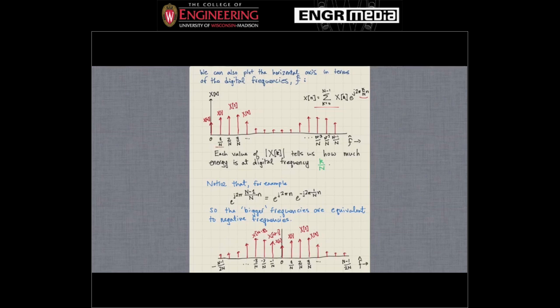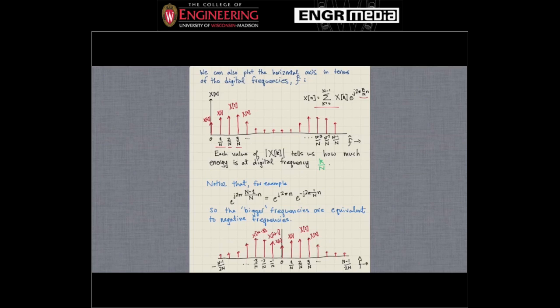What's changed from the last plot is that instead of just the index k, we've now plotted f hat. If we take the absolute value of the DFT coefficient X of k, that tells us how much energy is at that digital frequency of k over n.